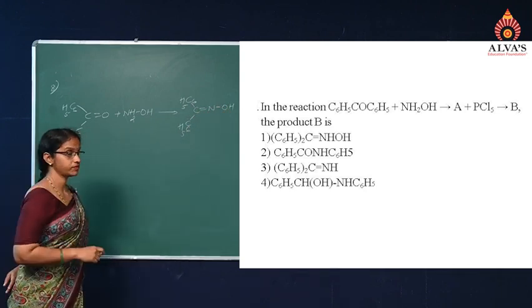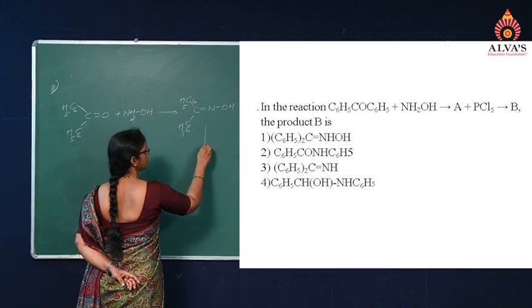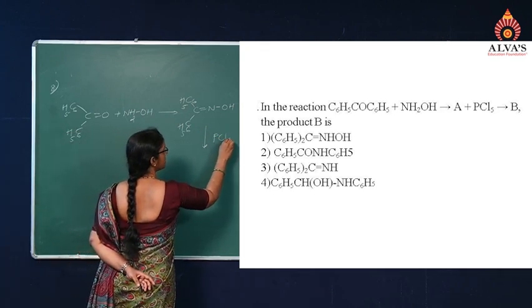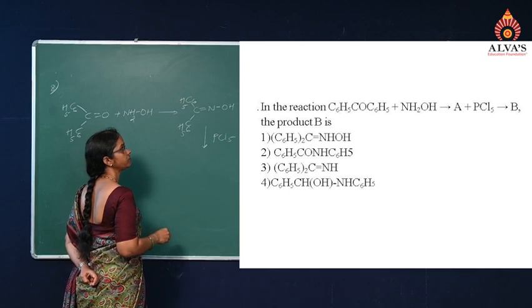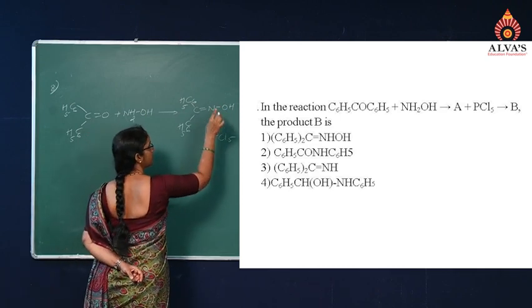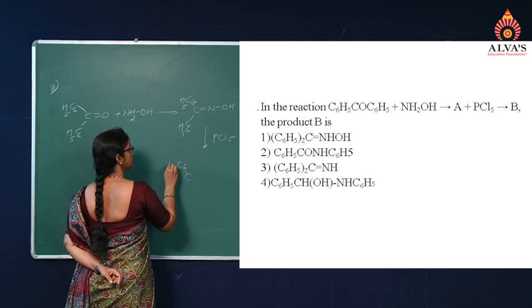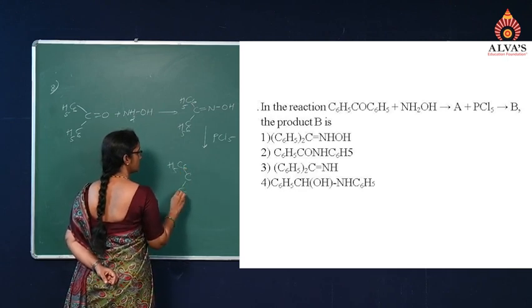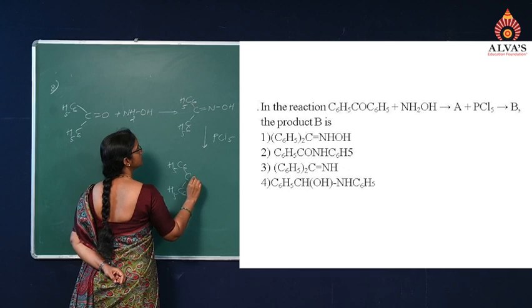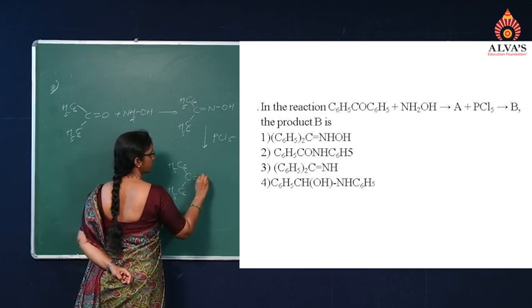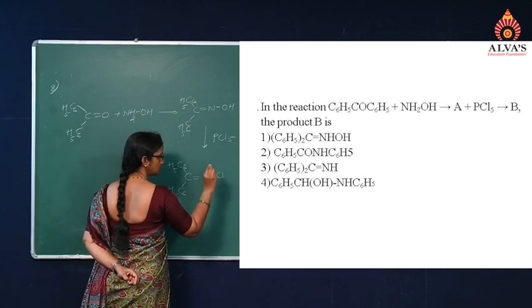But the next step of the reaction is reaction with PCl5, and PCl5 will bring about replacement of OH. It will get converted into C6H5 C=N Cl.